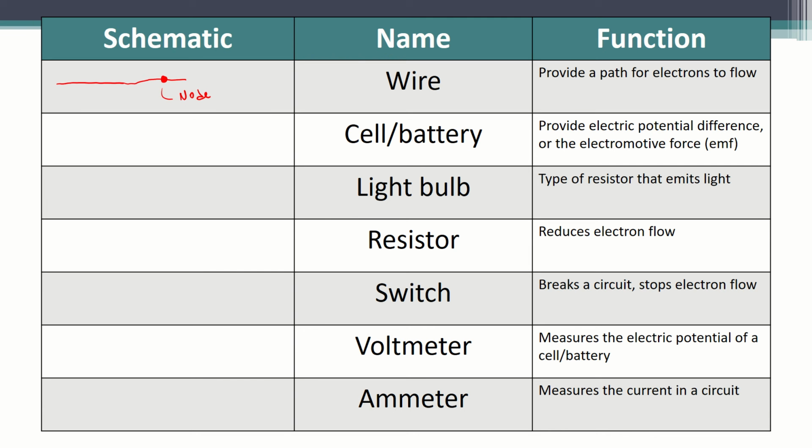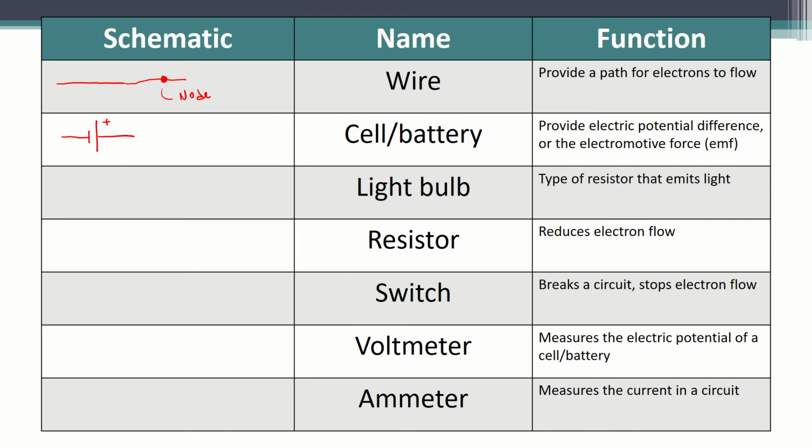All right. Next, we have a cell or a battery. So this provides electric potential difference or the electromotive force. Again, we're going to talk about EMF later on at the end of this unit. And the way to represent the battery is basically this way. So you have one shorter vertical line, and then one longer line next to it. So this is going to be a battery. Now you can also show the positive side is on the longer side, so you can add a plus there if you want.